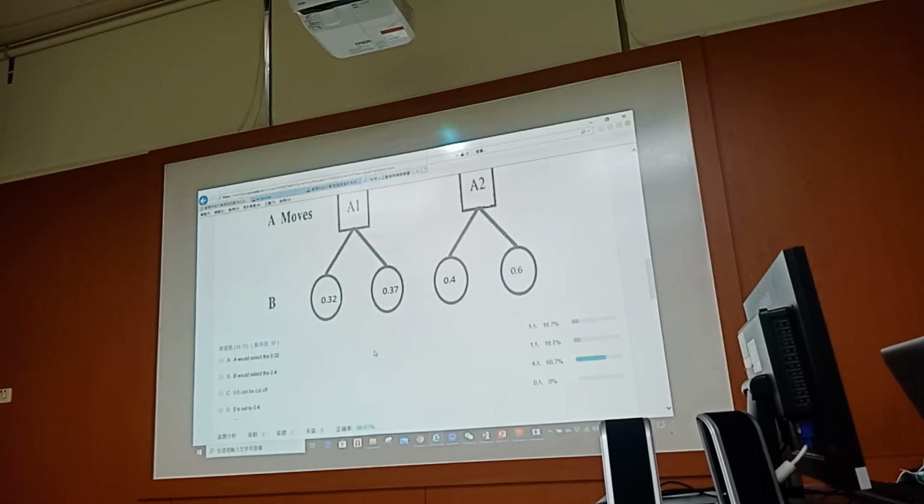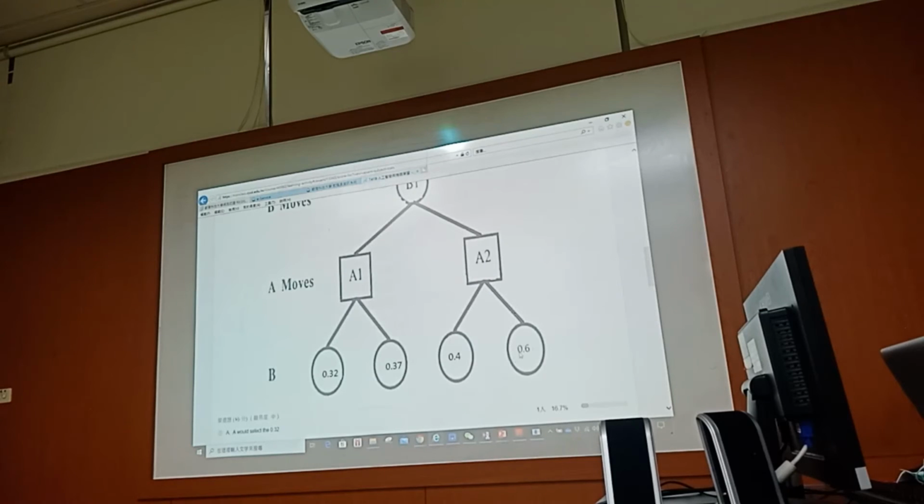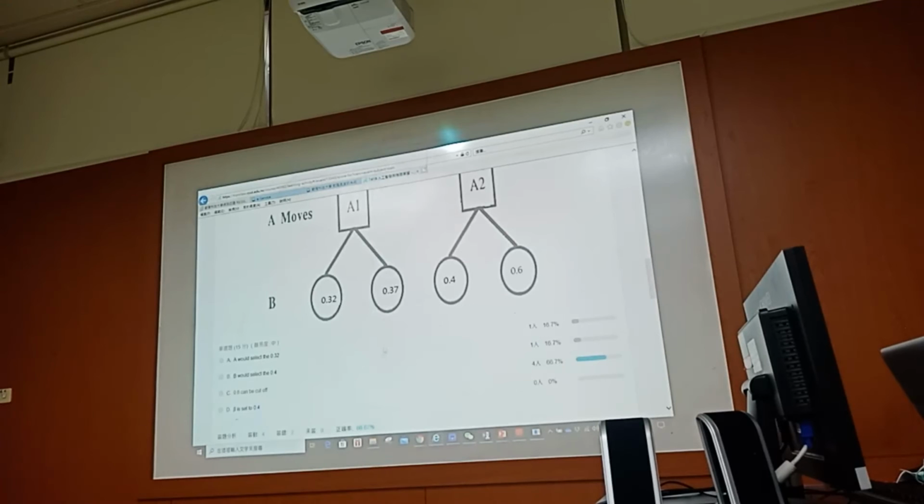So A1 will select 0.3 is wrong. B will select 0.4 is wrong too, because A2 will select 0.6 in this step. So B1 has no opportunity to select this one, but he selects this one.